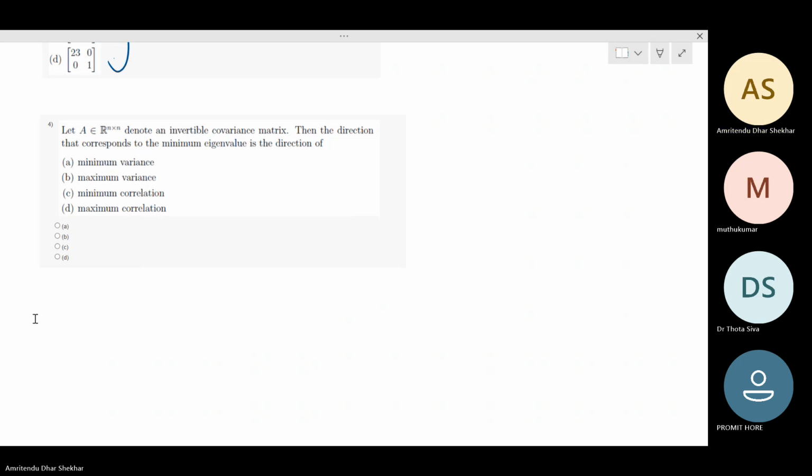Then the direction that corresponds to the maximum eigenvalue is the direction of... Okay, look at this problem. Just give me 1 minute. I'll be back in 1 minute.